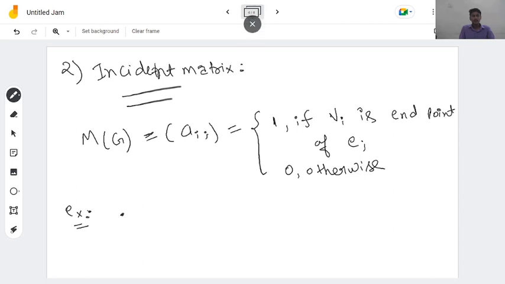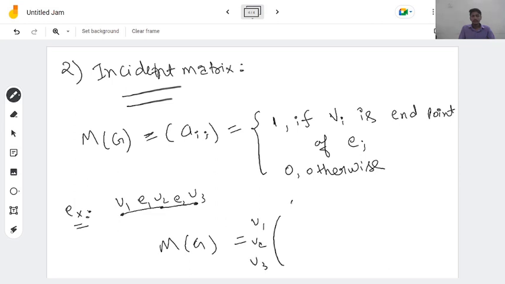For the example, just take this simple graph with V1, V2, V3, E1, E2. So how are we defining the incidence matrix? We are defining that the entry will be 1 if Vi is an endpoint of Ej. So here we have A11, that means V1 and E1.